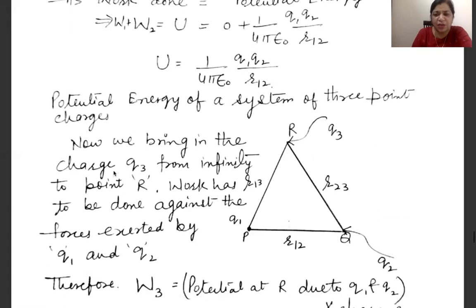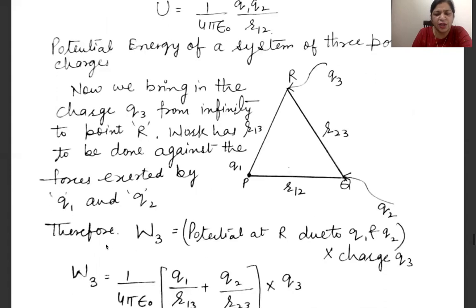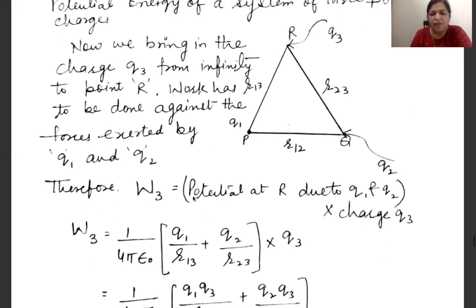Now if you are having three point charges, see, no work is done in bringing the first charge, and the work needed to bring the second we have already calculated. Now the third charge Q3 has to be brought from infinity to point R. So work has to be done against the forces exerted by Q1 and Q2. So W3 will be equal to the potential at R due to Q1 and Q2 into charge Q3.